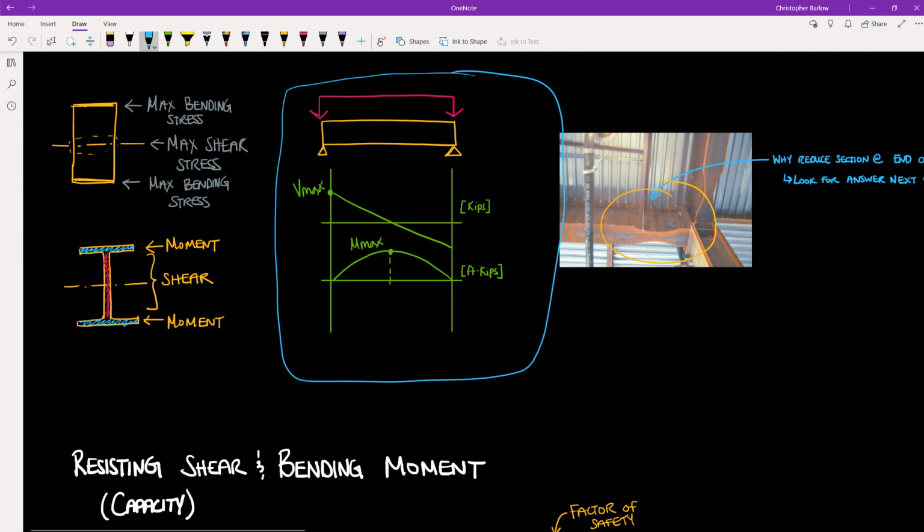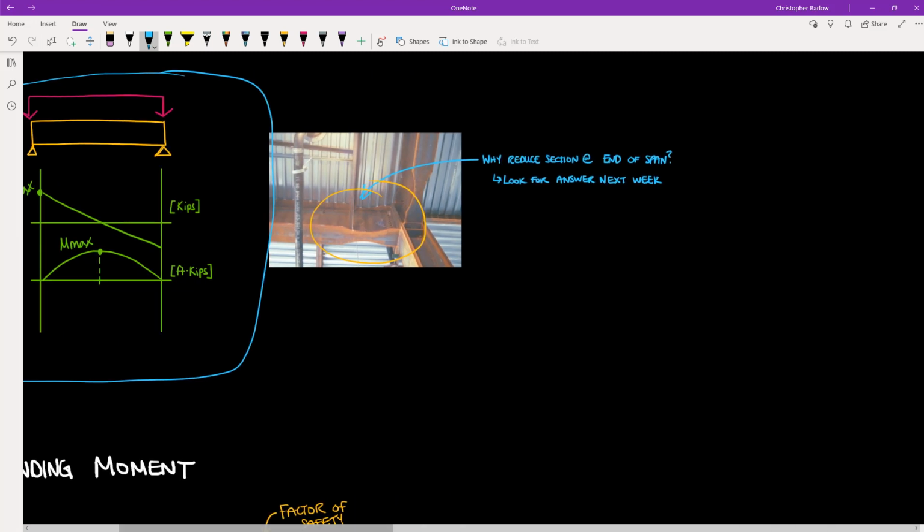Therefore, if we have zero bending force at the supports, we don't really need the flanges anymore, as the flanges contribute primarily to moment capacity, and therefore we can safely reduce the section here without drastically impacting the capacity of the beam. And so that answers the question that we had from our previous discussion last week.